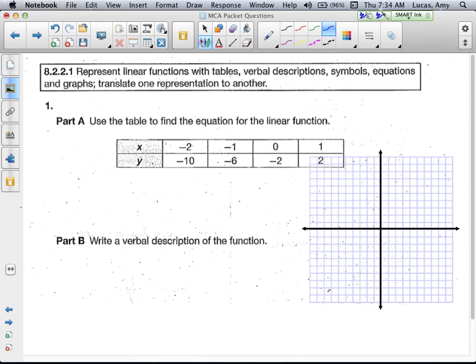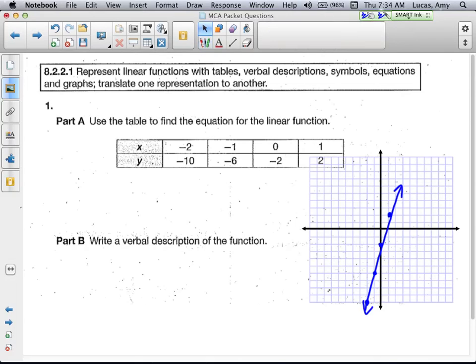-2, -10. -1, -6. 0, -2, and 1, 2. So this is a linear relationship.